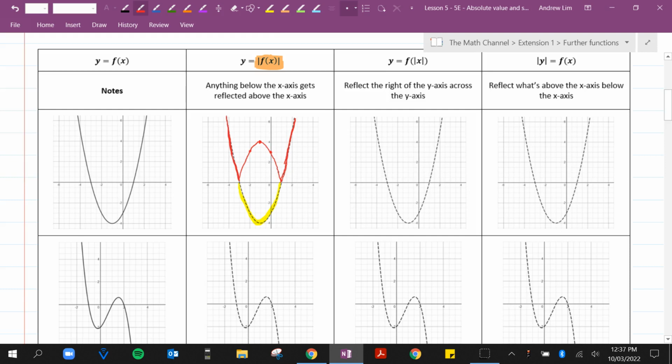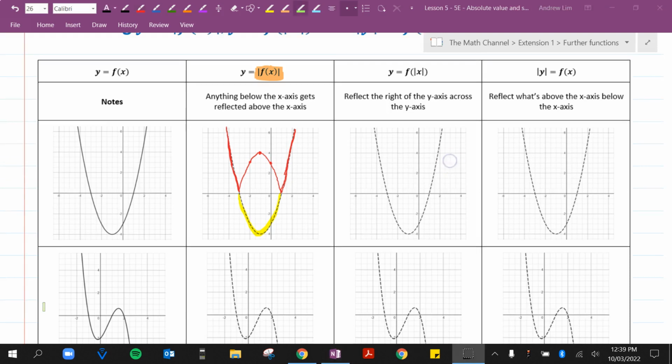Alright, I'm going to have a go with the next one: y is equal to f of the absolute value of x. So what does this mean? Let's work through this example. When x is equal to 1, f of 1 is 0, it's got a y value of 0. But f of minus 1 has a y value of negative 4.